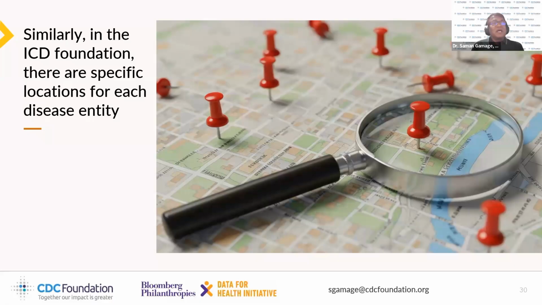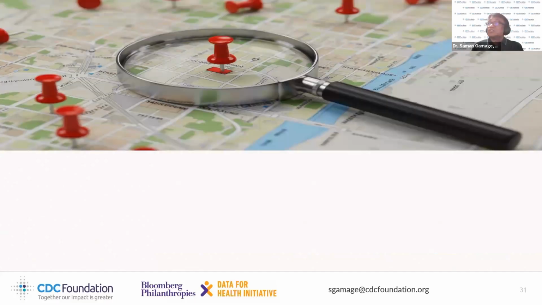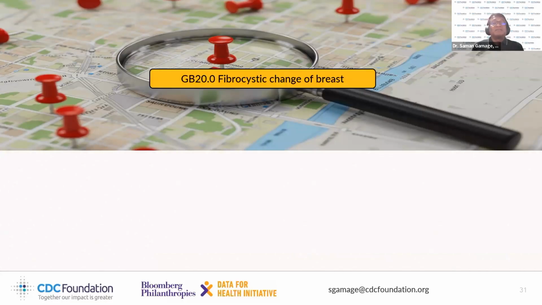Similarly, in the ICD Foundation, there are specific locations for each disease entity, similar to locations in a Google map. You have specific locations, longitude and latitude, and in ICD Foundation, there are specific locations for each disease entity with a specific entity address or URI.